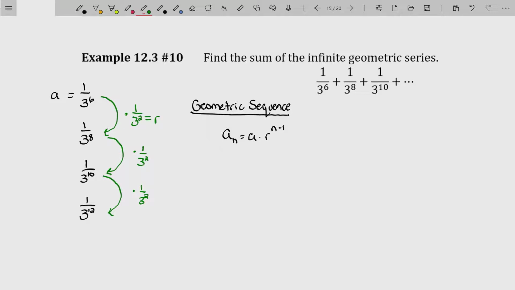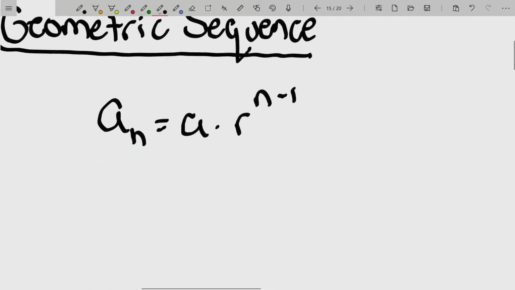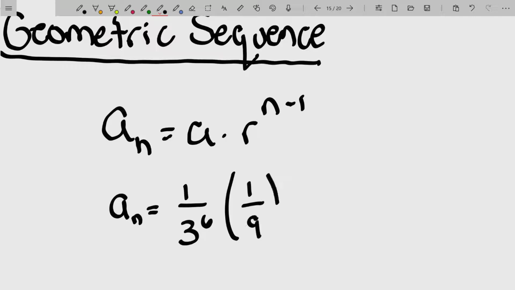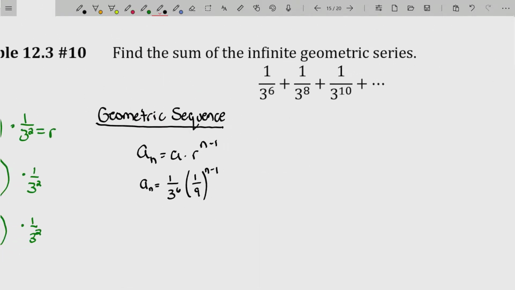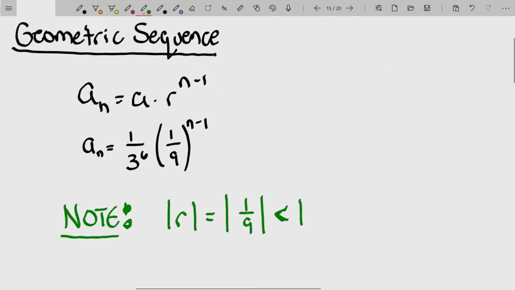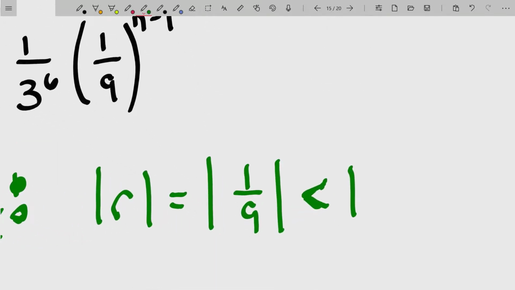Once I know that, I have everything ready. I know that my geometric sequence is going to be a, which is 1 over 3 to the 6th, times 1 over 9 to the n minus first power. And we want to add those up forever. First thing I need to note, and this is critical, the absolute value of the common ratio, which is 1/9 in this case, is less than 1 in magnitude.